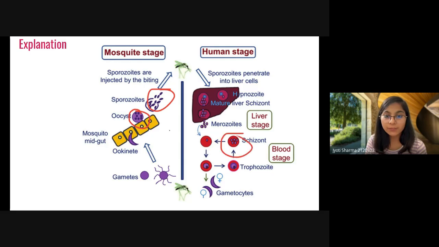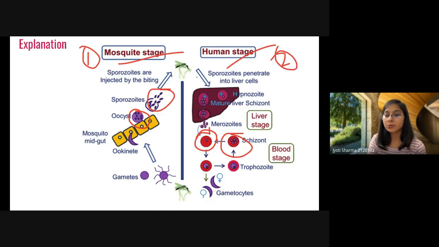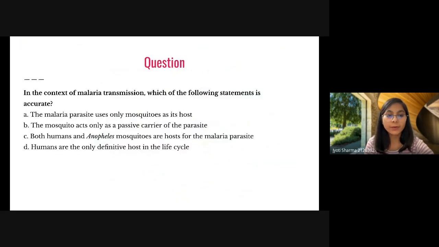These are the Plasmodium spores. These spores are not only present in the mosquito, but they are also present in the human. So this Plasmodium parasite has two hosts, one is the mosquito and the other is human. That's why the answer will be: both humans and Anopheles mosquitoes are hosts for the malaria parasite.